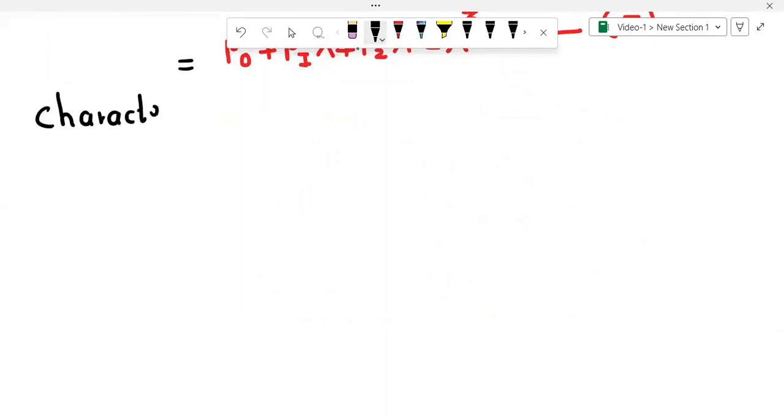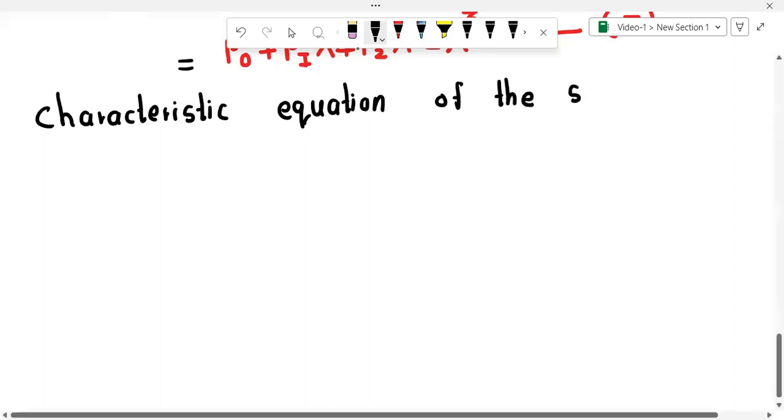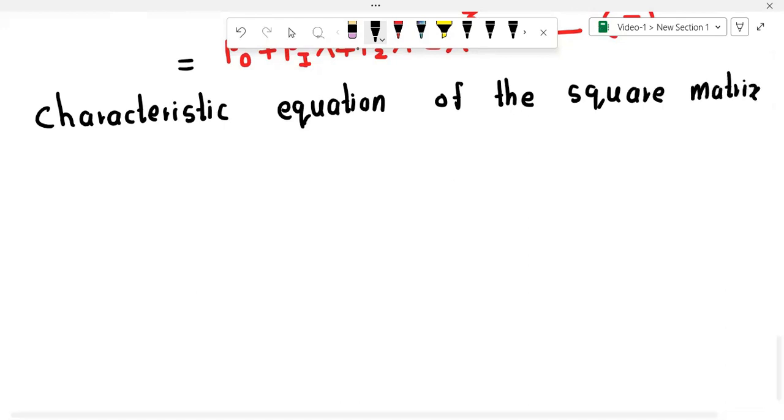Then the characteristic equation of the square matrix A is defined as the determinant of A minus lambda I equals 0.